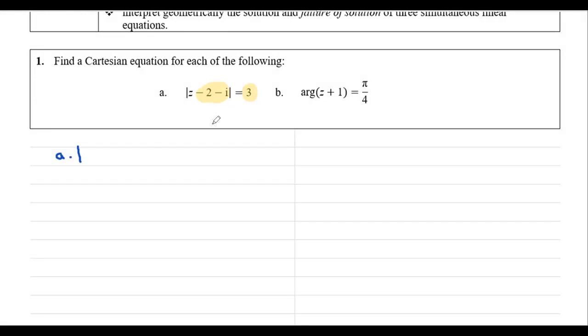The way we write a Cartesian form is to rewrite z using x and y components. So in other words, real and imaginary components separately. So I'm going to do that. I'm going to write z as x plus iy.